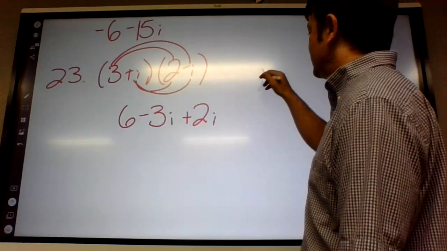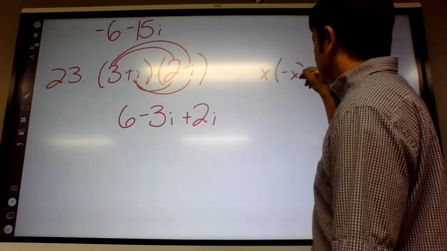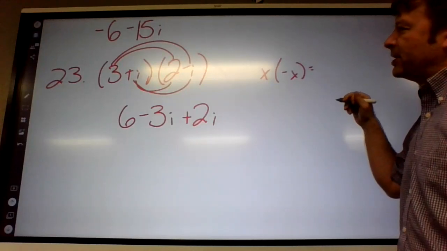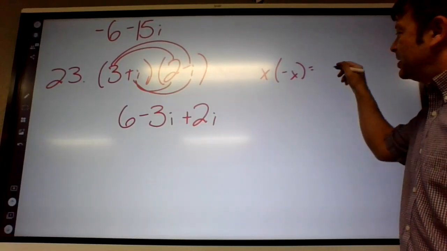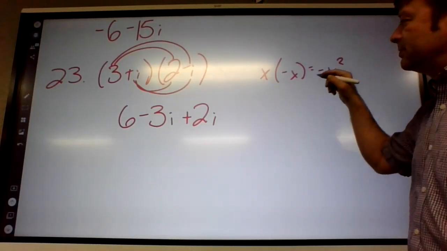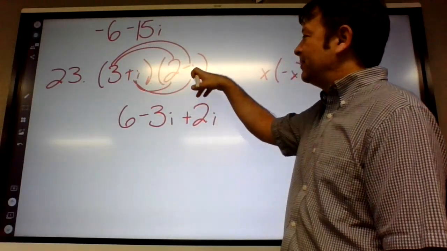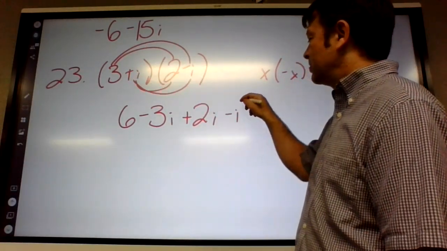What if it was x times -x? What would that equal? -x squared. We're not adding, we're multiplying. So this is -i squared.